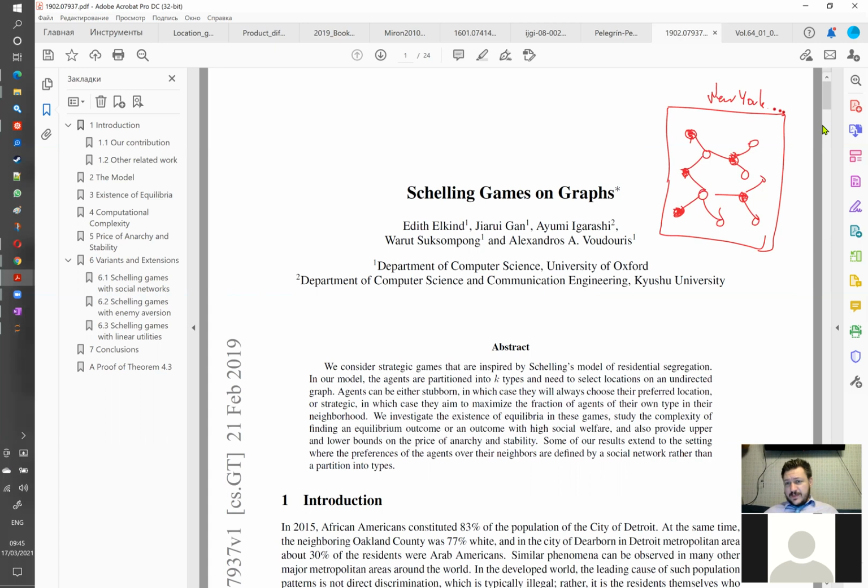When one guy finds that his neighbor is not of the same type as he is, like he's very rich and he's surrounded by very poor people or otherwise, he might want to change his place to another one. This one will go here, and so on. In this case, we will have segregation there.